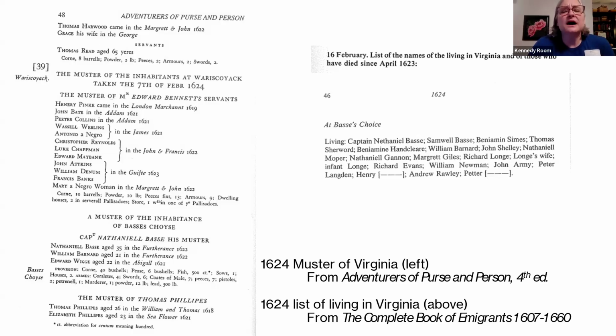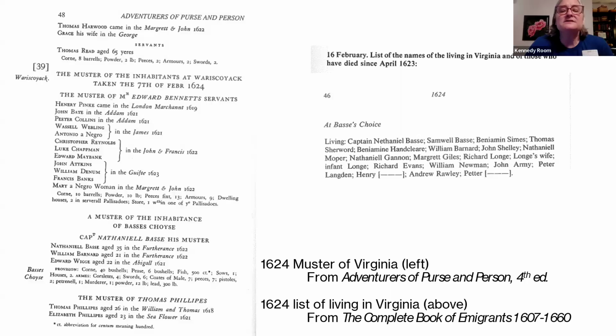So, in this list, we find at Bass's Choice living Captain Nathaniel Bass, Samuel Bass, Benjamin Symes, Thomas Sherwood, Benjamin Hanclair, William Barnard, John Shelley, Nathaniel Moper, Nathaniel Gannon, Margaret Giles, Richard Long, Long's wife, Infant Long. Kind of mad they didn't name the wife or the infant.